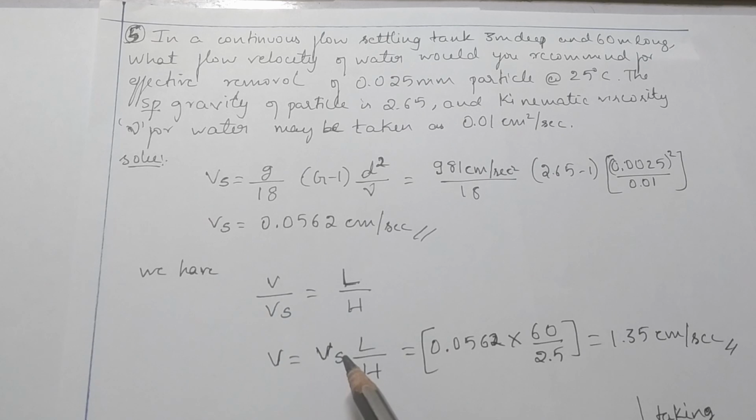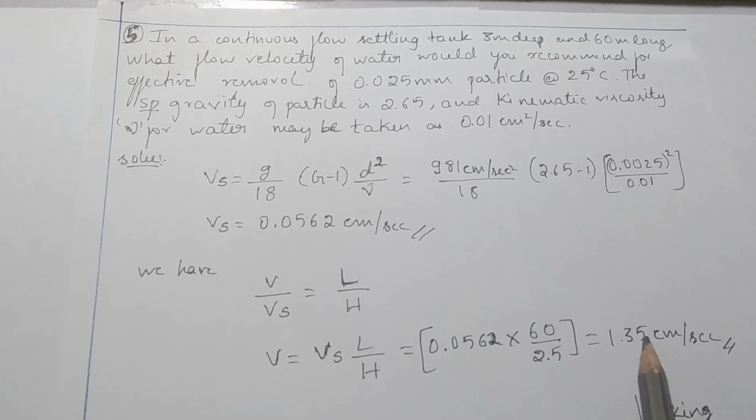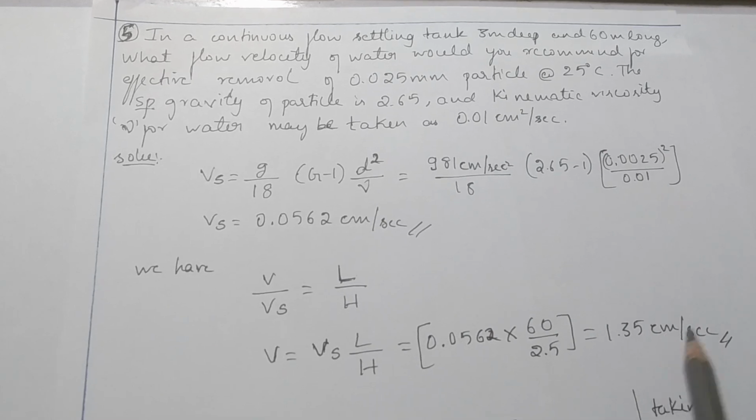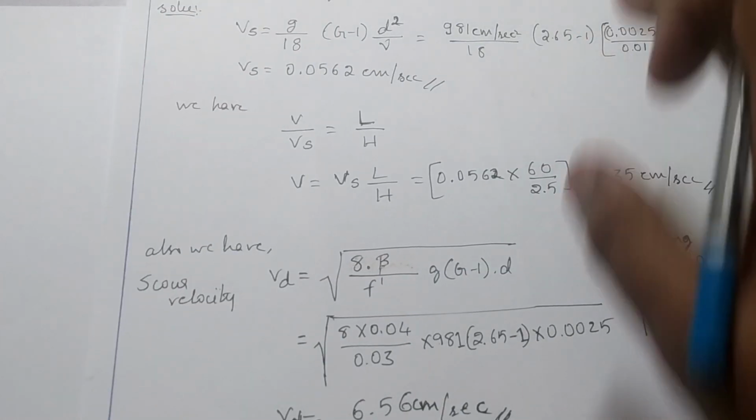So we know the settling velocity, we know length as 60 meter, and depth is given as 3 meter, but considering the freeboard, we can reduce it by 0.5 meter, that is 2.5. So on substituting this, we will get the flow velocity as 1.35 centimeter per second. So this is the flow velocity.